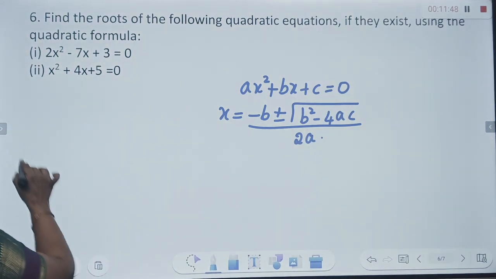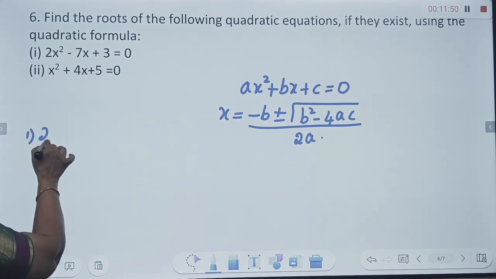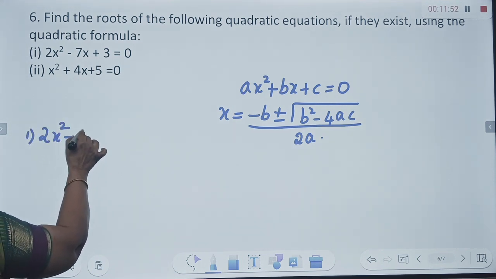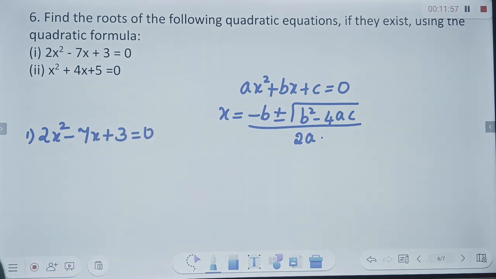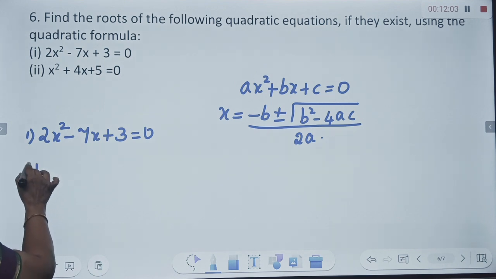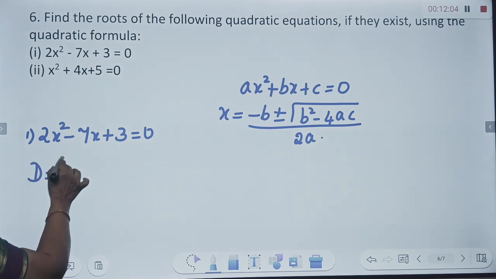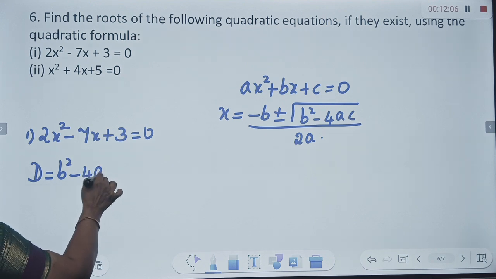Okay, now let us look at the first equation. 2x square minus 7x plus 3 equal to 0. Let us try to solve it by using the quadratic formula. So what will be the discriminant? Discriminant is b square minus 4ac.